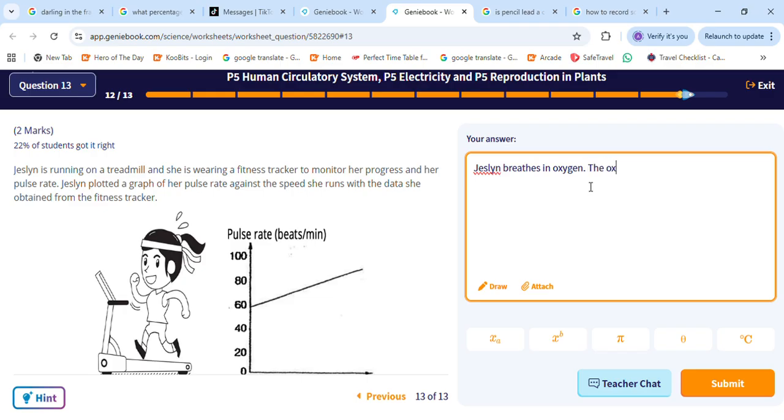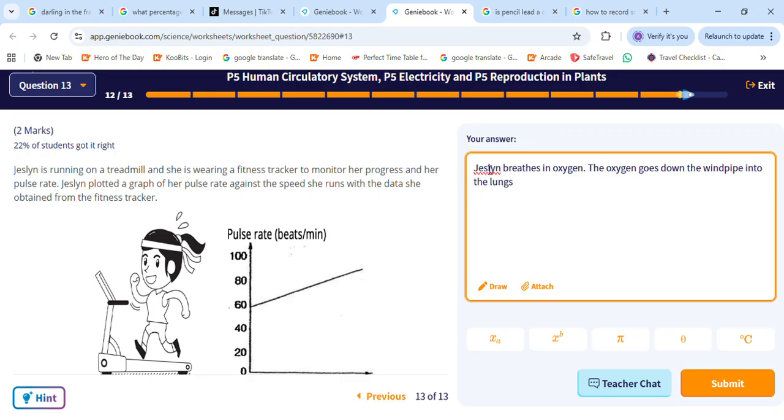So, the oxygen goes down the windpipe into the lungs. Okay.